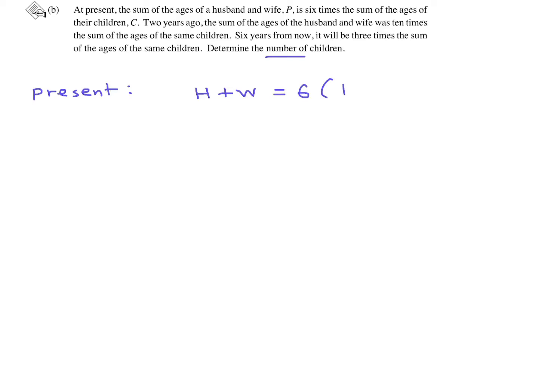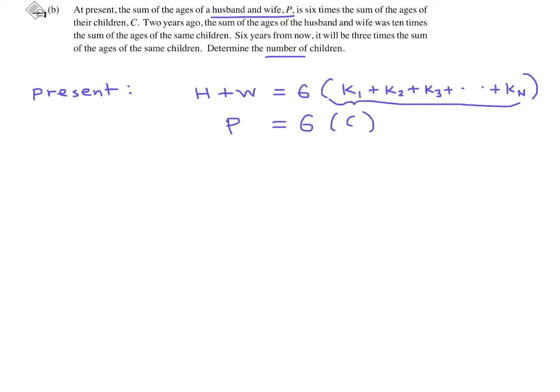So I'll write kid 1 plus kid 2 plus kid 3 all the way till kid n, because I don't know how many kids there are. So that's the first one, and they actually are saying that the ages of the husband and wife is given a letter, P. H plus W is P. And the ages of the children is abbreviated C. So they're combining all of these into C. Okay, so that's the first one.